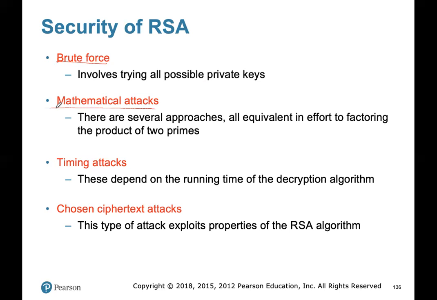But asymmetric encryption algorithms are always subject to mathematical attack. What does that mean? It means that mathematicians may find ways to do factorization more easily, and that avenue is always open. We can never block that avenue by saying that no one can come up with something.